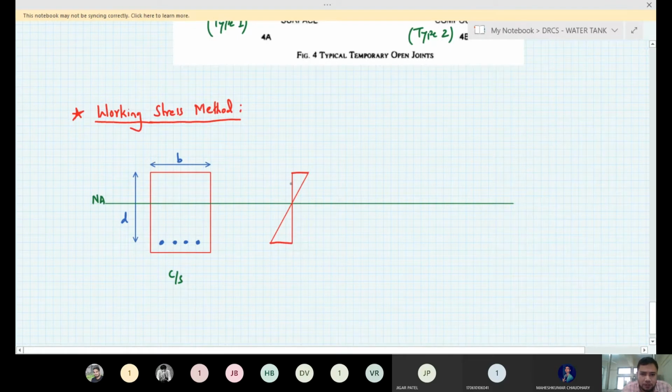This is the strain up to the level of the steel. Let the strain in the compression face be epsilon c, and the strain in the steel be epsilon s. Epsilon c is the compressive strain in the extreme fiber at the top, and epsilon s is the strain in the steel.